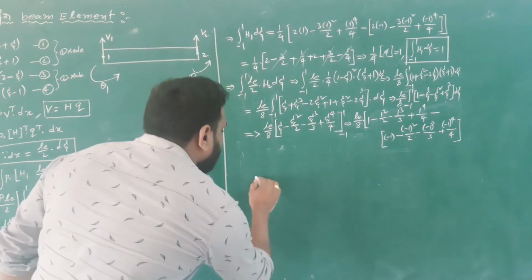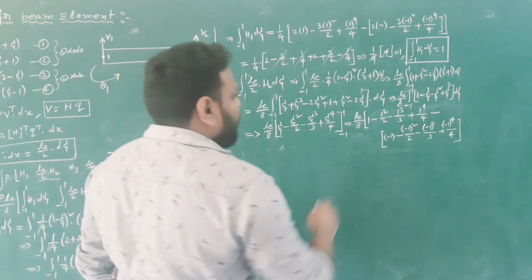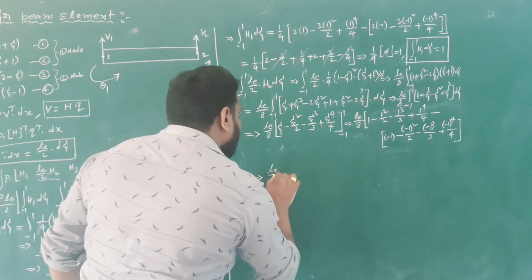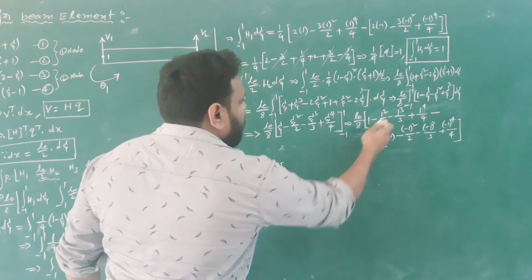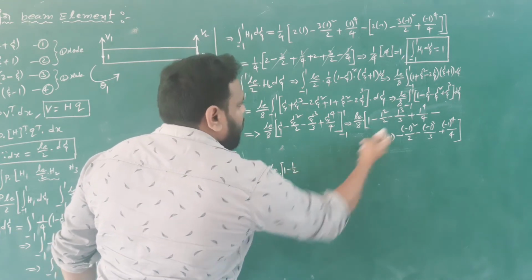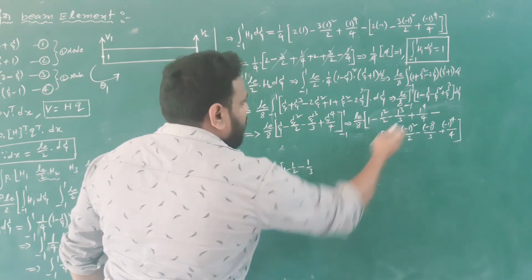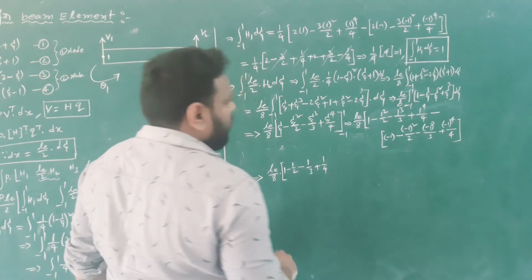Now, split it. That is LE by 8 into, so here is 1, next 1 square by 2, that is 1 by 2, here minus 1 by 3, here plus 1 by 4. We got this.